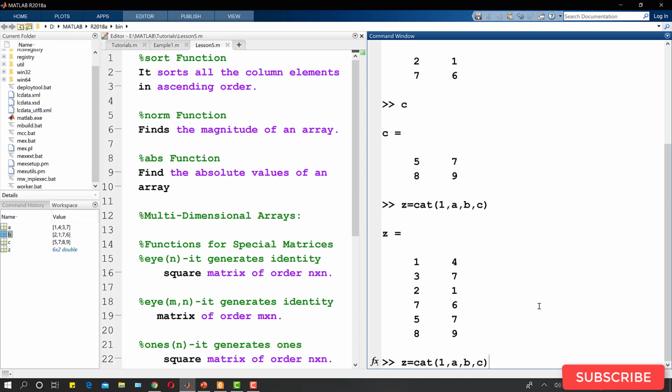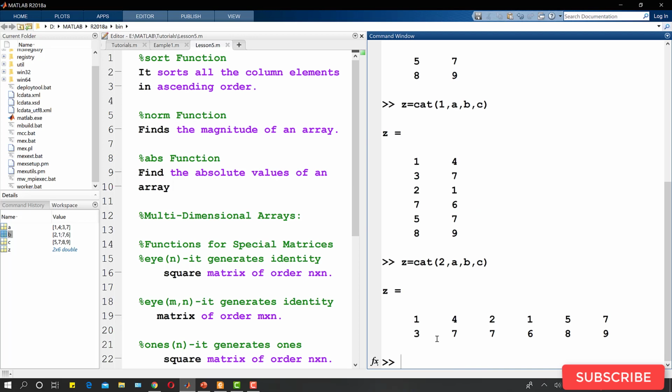Now if I write this again, Z is equal to cat(2, A, B, C), now all these three arrays will be added one beside each other. So the B and C arrays will be added to the A matrix in the second direction. So this is the second direction. The positive X direction is the second direction, negative Y direction is the first direction.